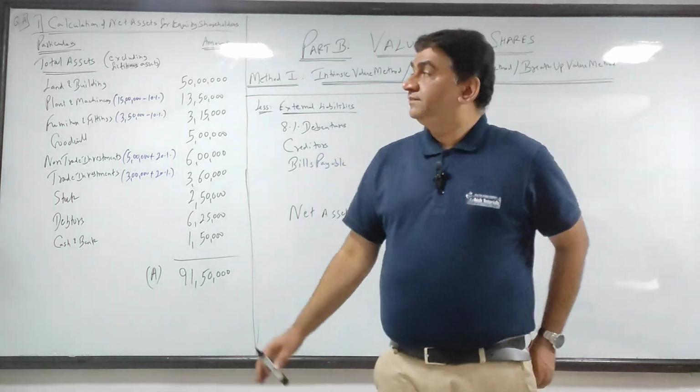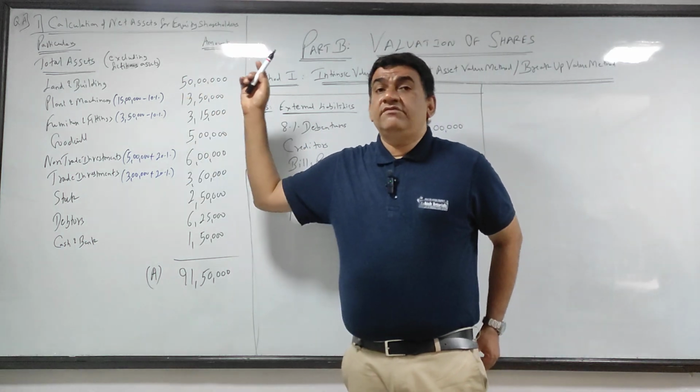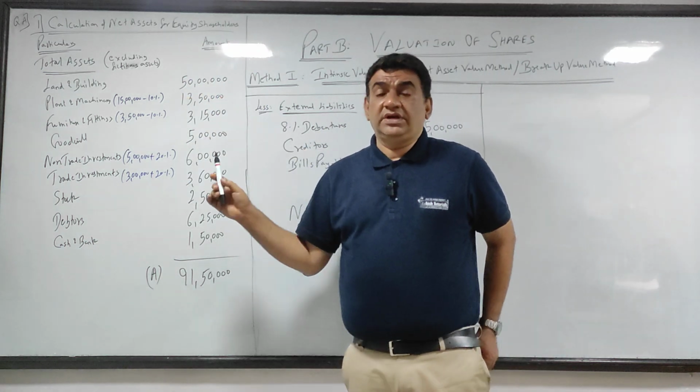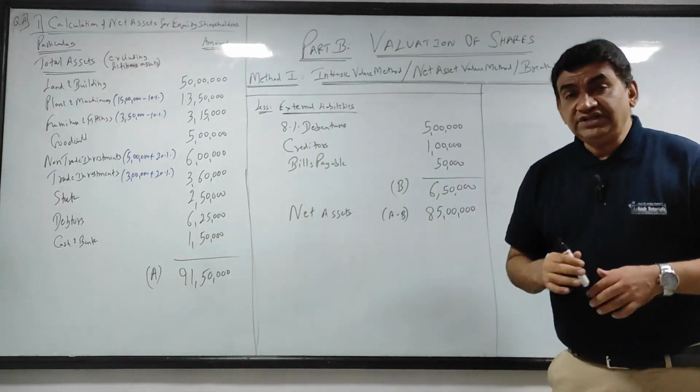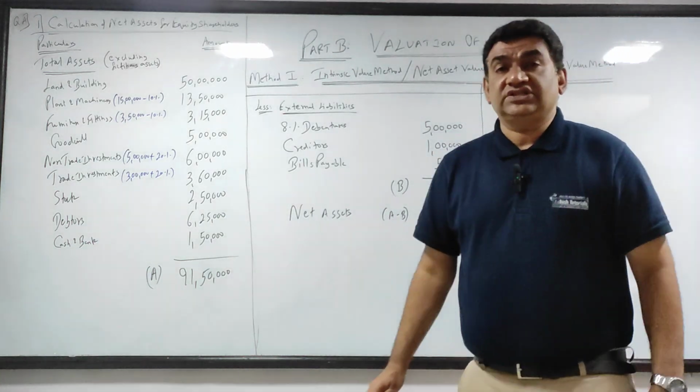So now what are we doing? We are calculating for equity shareholders. So subtract the part belonging to preference shareholders.